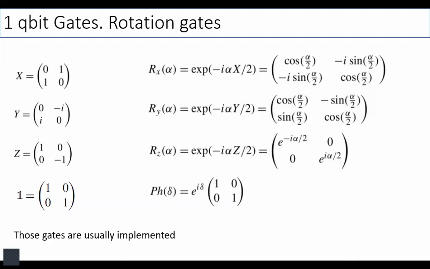The product is minus 1. So the product of those 2 numbers is minus 1. So it's the correct formula. And so this is a kind of rotation which mixes the real part and imaginary part of the coefficients on the plane.